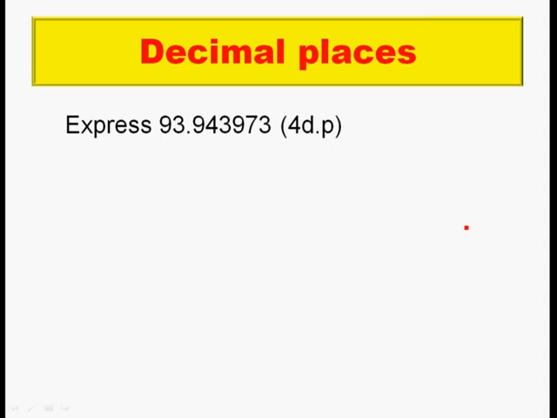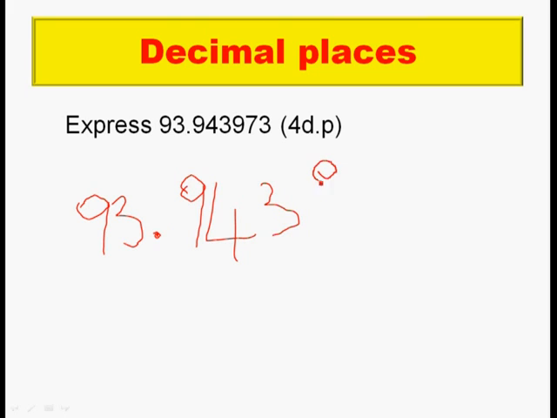Try this one for yourself, and let's see what answer you got. Alright, now once again, let's write the number again. 93.43973.